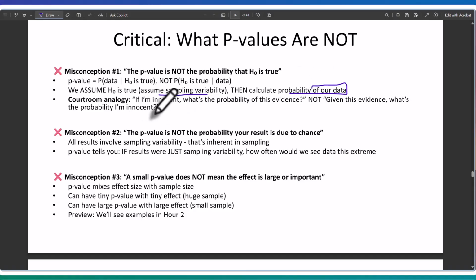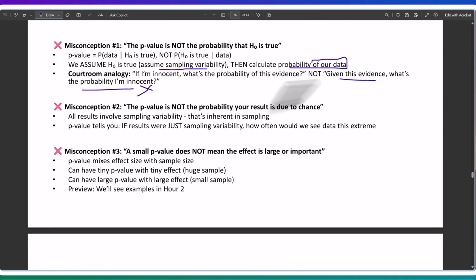The courtroom analogy is: if I'm innocent, what's the probability of this evidence? The presumption is innocence. It's not, given this evidence, what's the probability that I'm innocent. That's not how our justice system is supposed to work. What is the probability of observing this evidence?